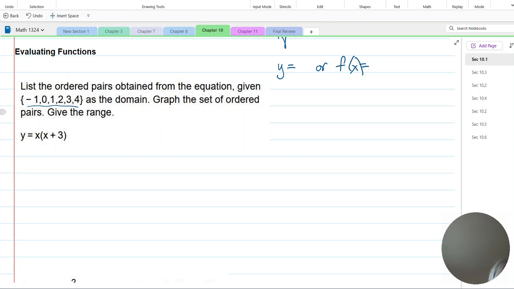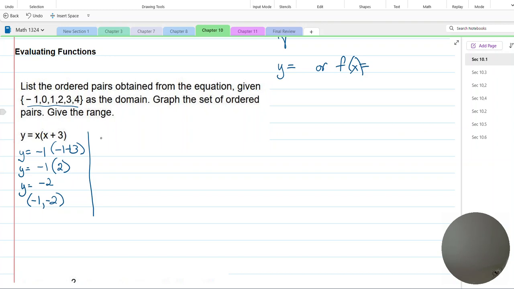So what we have here is a set of values. I'm going to say y equals -1(-1 + 3). Well, this will give me -1 times 2, which is -2. So my ordered pair is (-1, -2).